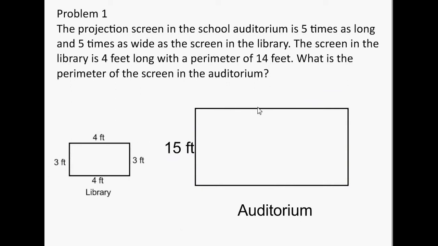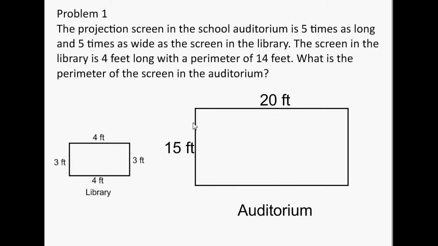Okay, so the top is 5 times more too. So we know that we have 4 here. What do you think the top would be if we had 5 times more than 4? 5 times 4 is 20. And there's our 20 feet.